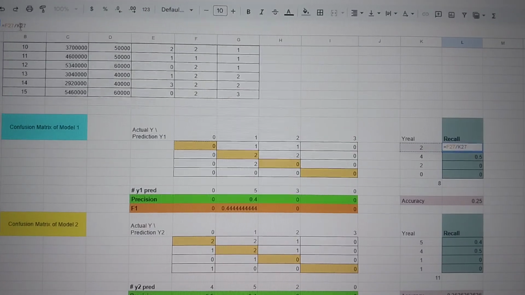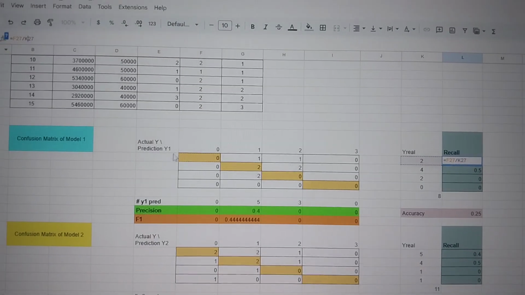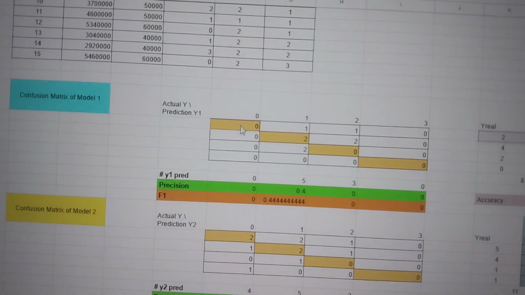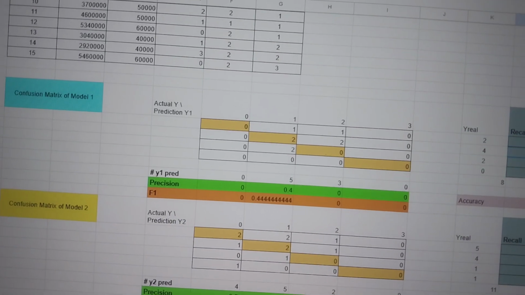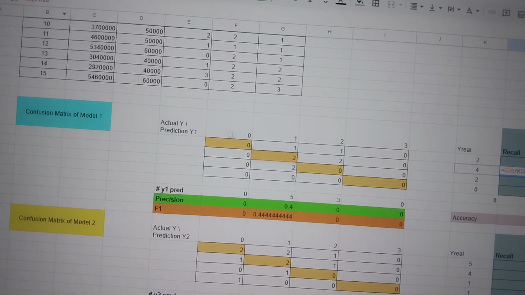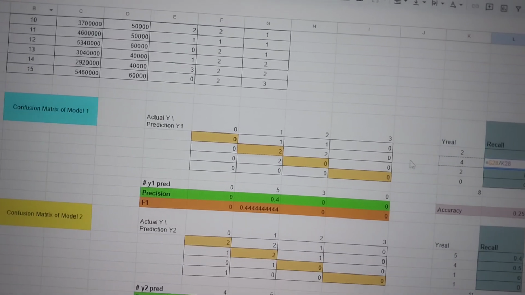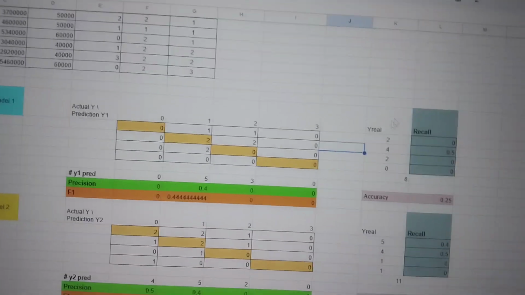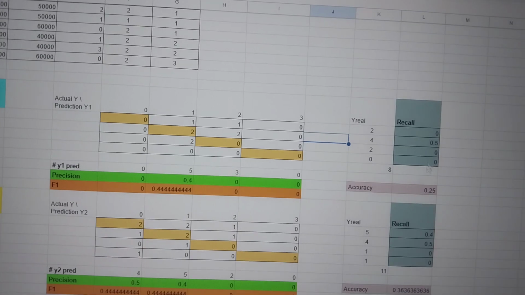And then we get the recall by dividing this corner here with Y real, and also this slanted line here with Y real. And then we get the value of the recall over here.